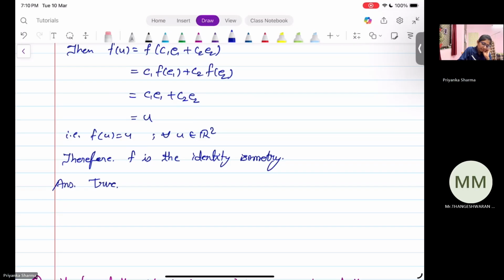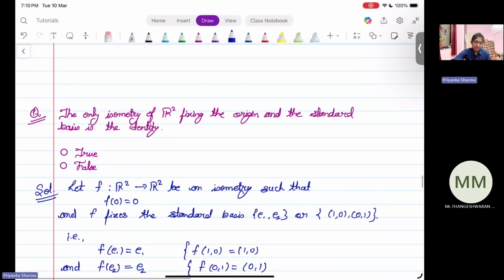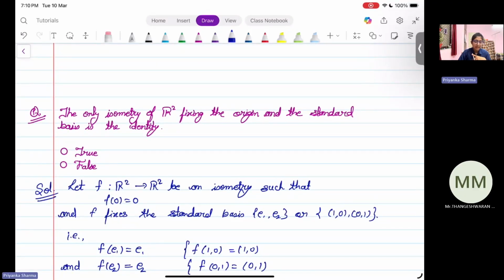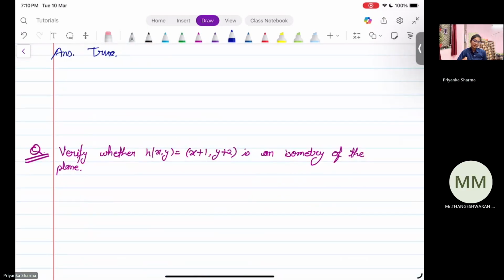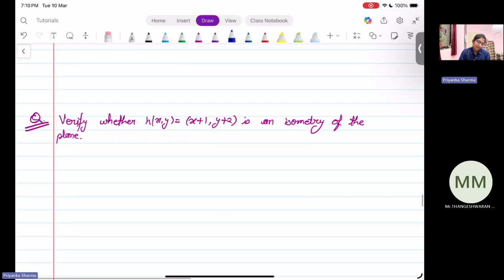There cannot be a non-identity isometry on R square that fixes the origin and the standard basis as well. Okay. Now consider this question. We have a map from R square to R square defined by this, and we need to check whether this is an isometry of the plane or not.